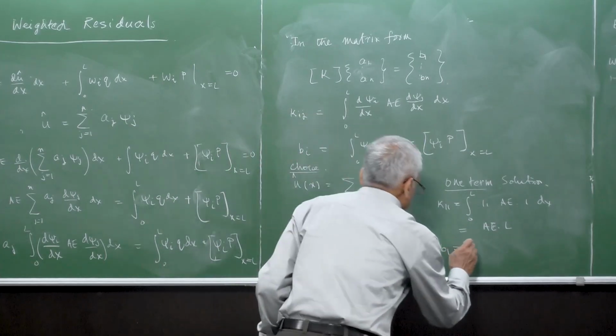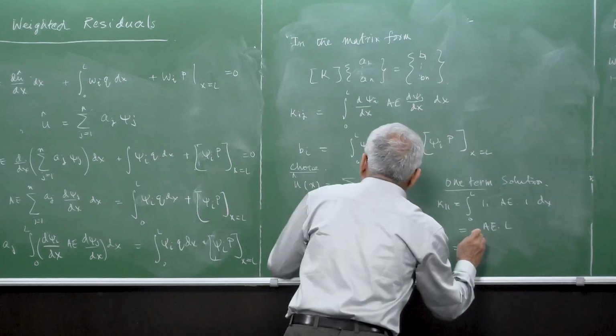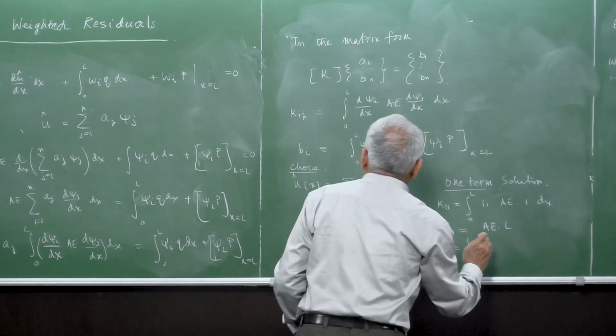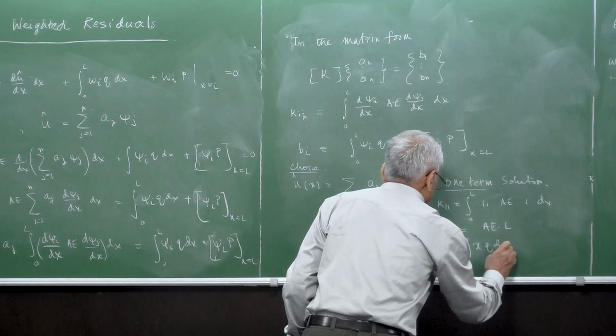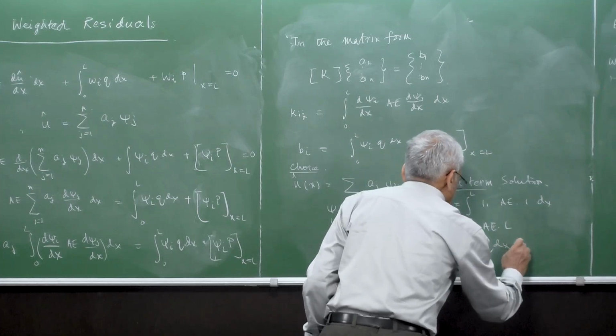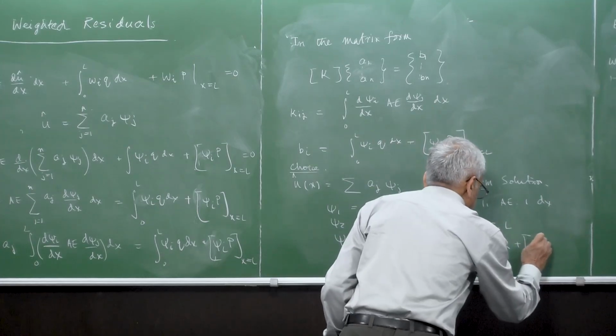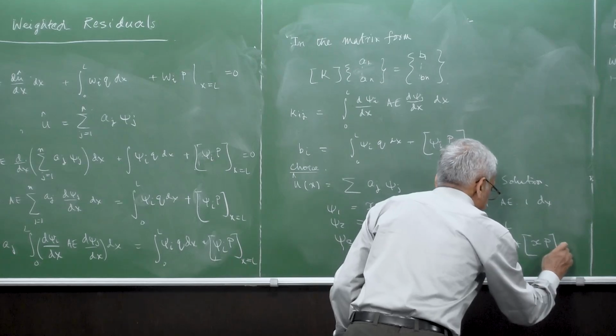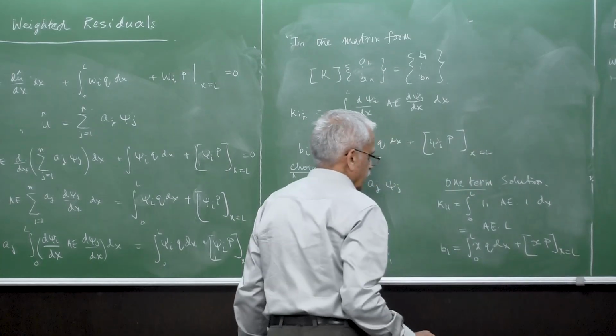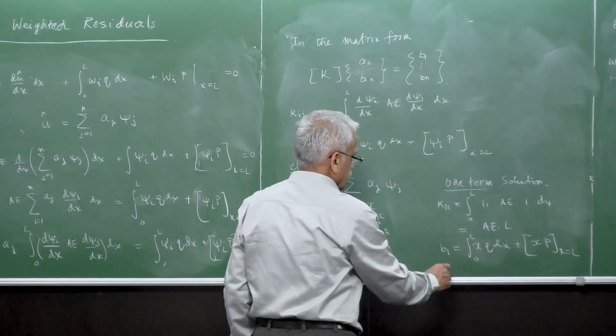So you have x times q here, dx, 0 to L, and then x times p at x is equal to L. So this is x times q.